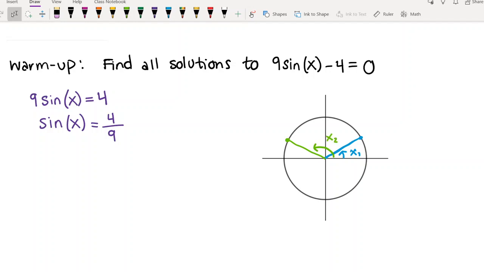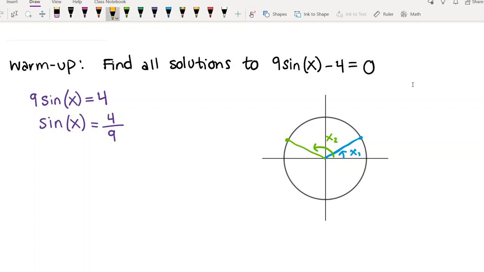So the next step is that, unlike the ones that we did by hand, in this case we really have no way of knowing what angle that is unless we type something into a calculator. So we're going to do inverse sine of 4/9, because inverse sine of 4/9 is going to give us one example of an angle such that sine of that angle is 4/9. However, we have to make sure we're aware of which angle that's going to give us.